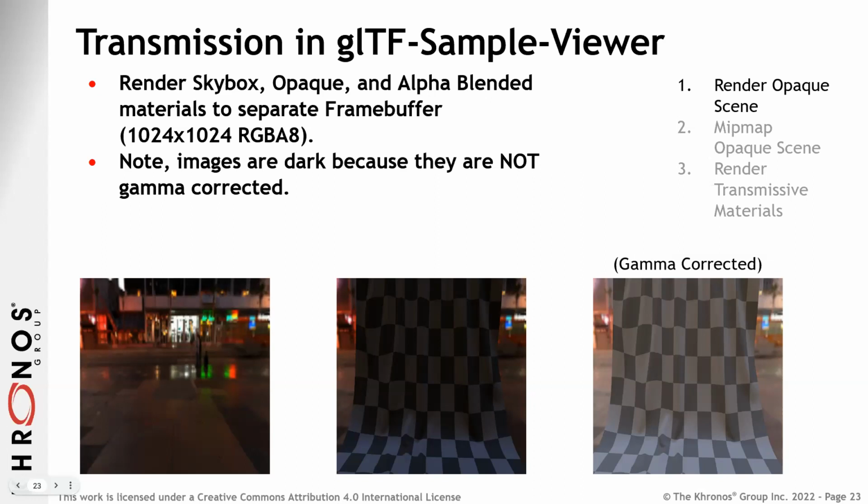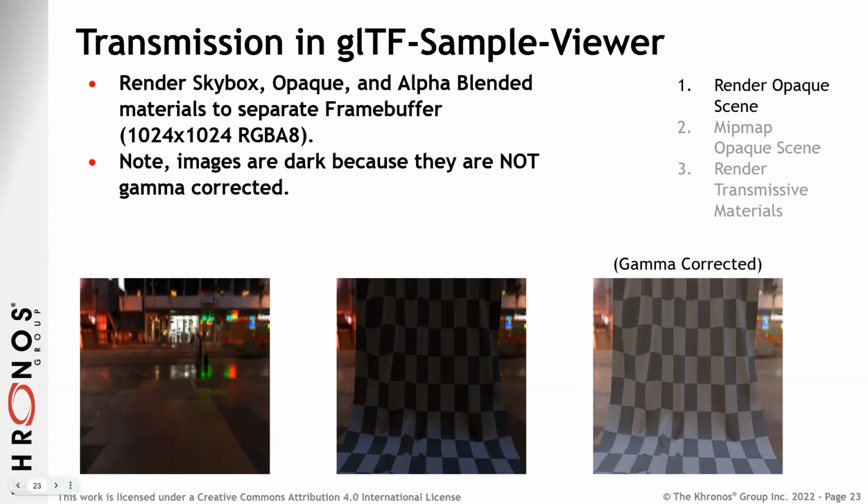And when we render our transmissive materials, we're going to sample into that off-screen scene. So let's take a look at how this works. I'm showing this in the bottom left two images here. You render the skybox and you render all your opaque geometry. And in this case, we just have this checkerboard cloth sheet, and we render all that to the color attachment.